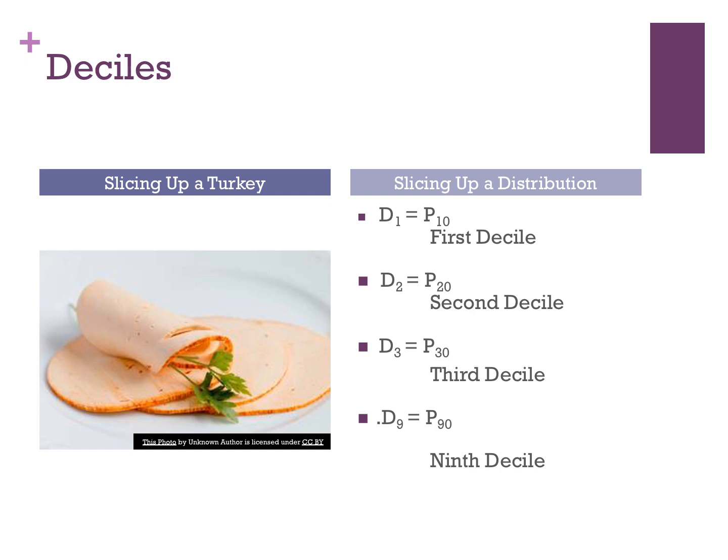Similarly, the second decile, uppercase D sub 2, marks the 20th percentile, or the point below which 20% of the scores fall, and so on up to the 9th decile. D sub 9 marks the 90th percentile. 90% of the scores fall below D sub 9.